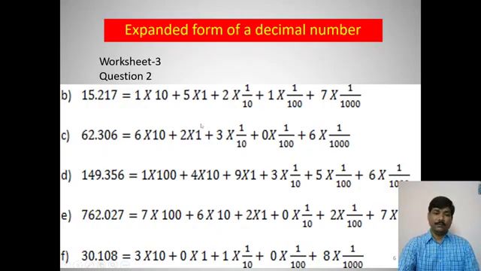So this form will be the expanded form of 62.306. So each number can be written in expanded form, whether it is a whole number or a decimal number.